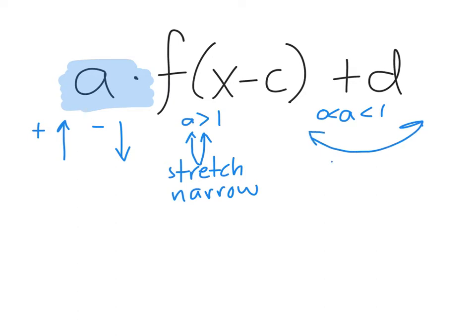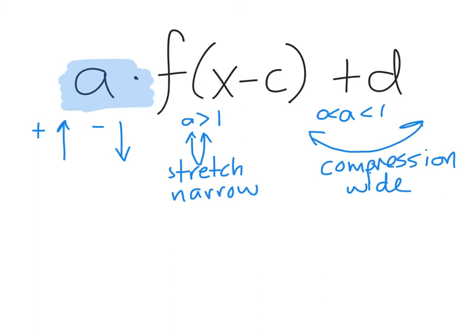Here we're talking about a compression, or wide. I'm using a parabola as an example because you can see how narrow it is or how wide it gets, but it could be any function. The function is going to get narrowed, stretched, closer to each other, or it's going to get wider, further apart from each other. That is the effect of a.